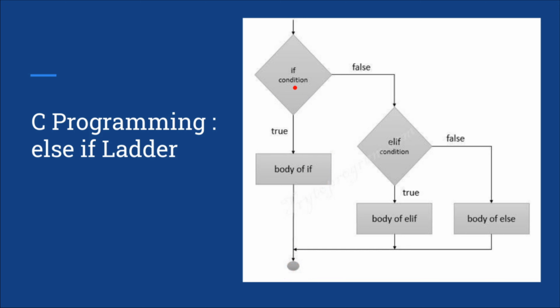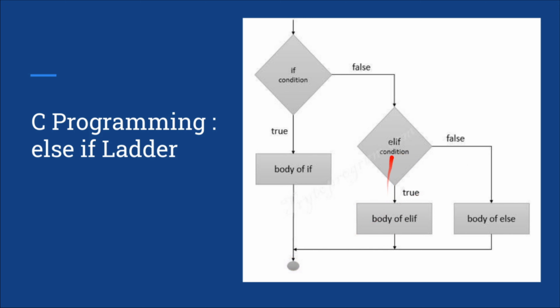In another case, if the condition is false, and we have written another else if condition here, it will go to the next condition and check it. If the else if condition is true, it will execute the body of else if only and go to the termination.